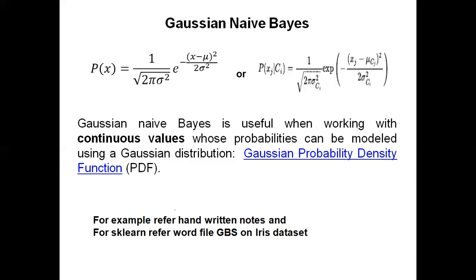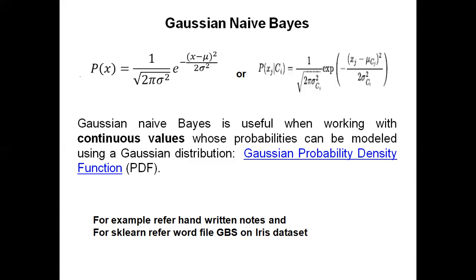Like other naive-Bayes classifiers, here also we calculate the probability of the query point for the given class label. Only the formula is different, because my input values are numerical.